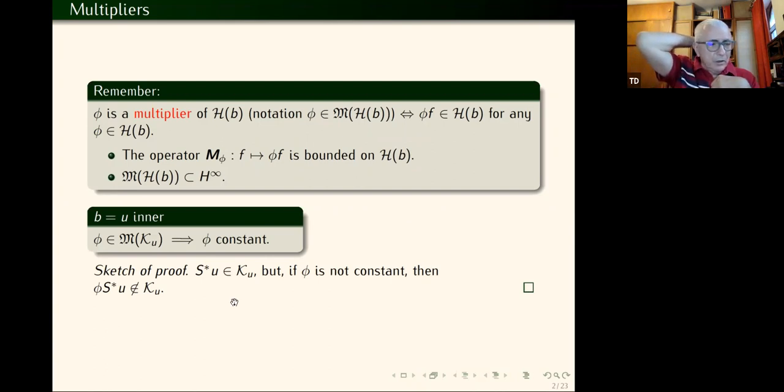This was shown by Stefan, but we also showed it for the case of B. But if phi is not constant, then you multiply with phi and you get outside the space. If you want to see a very simple example, you just think of u equal to z to the n, and you have the polynomials, and then z to the n minus 1. If you multiply it with whatever is not constant, then it gets out of the space.